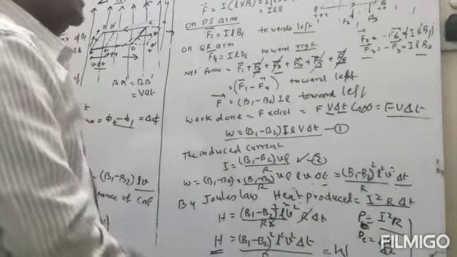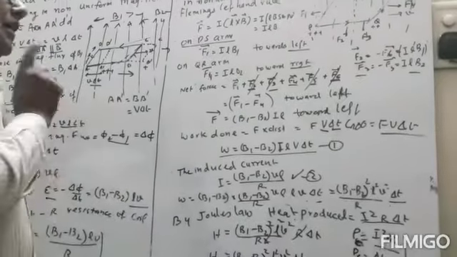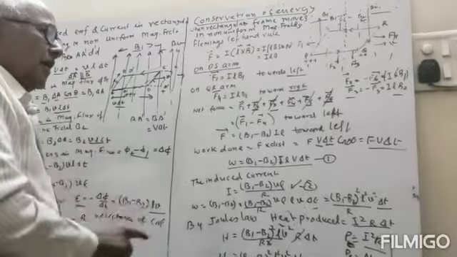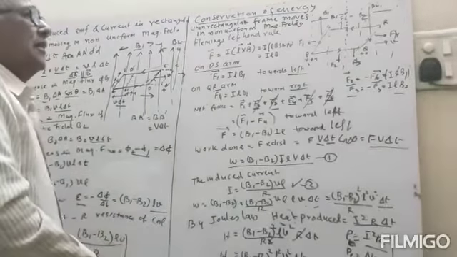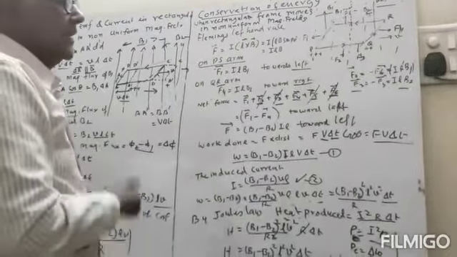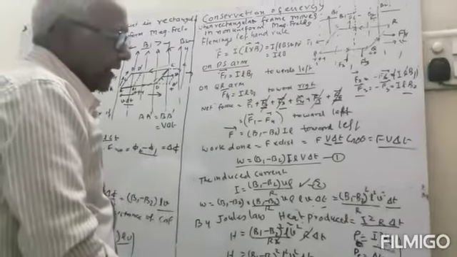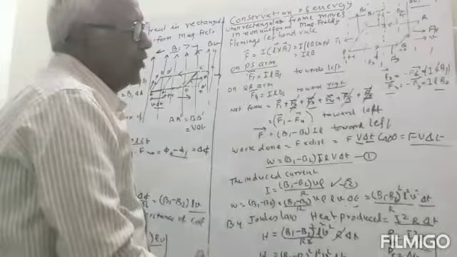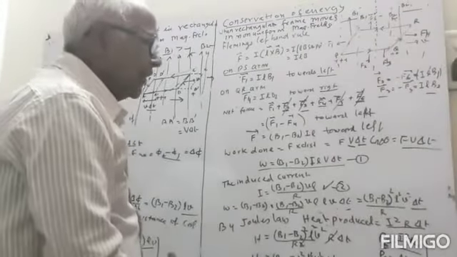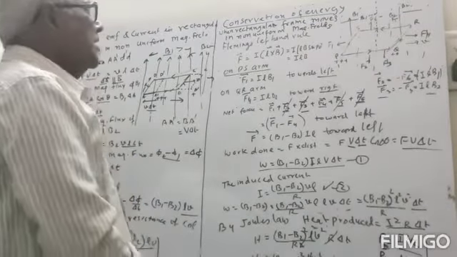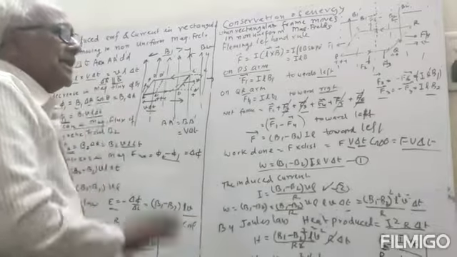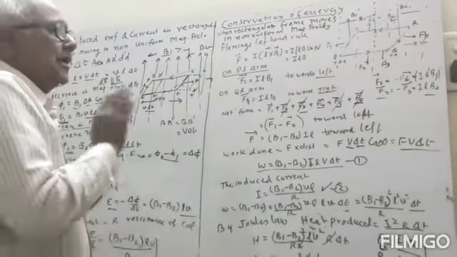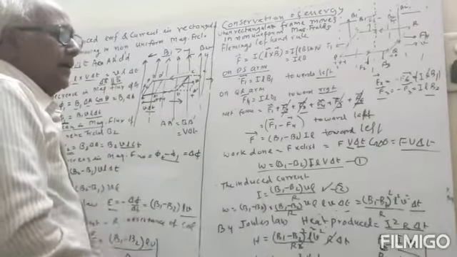In this way, when we move a rectangular frame perpendicular to the non-uniform magnetic field, the energy is conserved: the mechanical energy or work done is converted into heat. So there is conservation of energy when the rectangular frame is moving with constant velocity perpendicular to the non-uniform magnetic field.